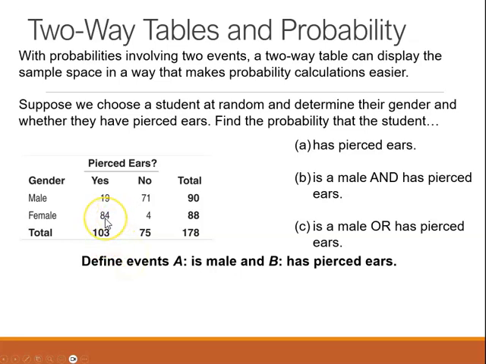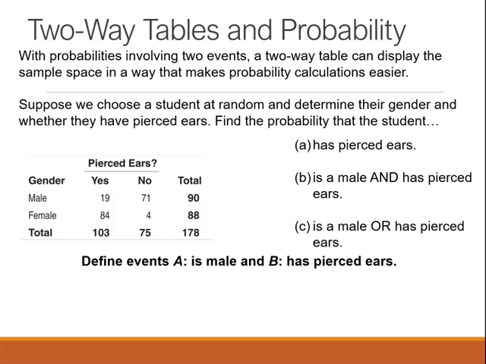Okay. Male or pierced ears. So you'd want to count 84, 19, and 71, right? Those will include all the males and all the people with pierced ears. What you want to be careful about is you don't count 103 and then 90. Right away, if you did that, you should notice something's wrong. How would you know something's wrong if you counted 103 plus 90? It's bigger than 178, right?